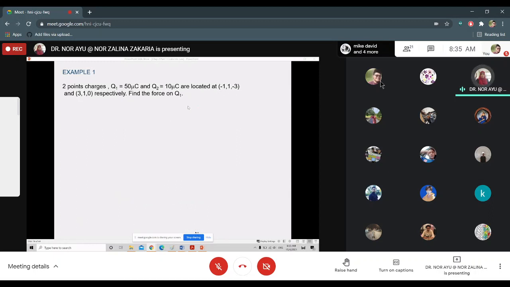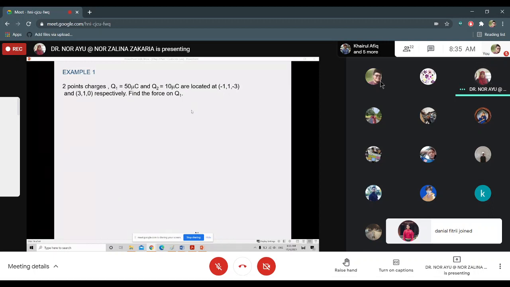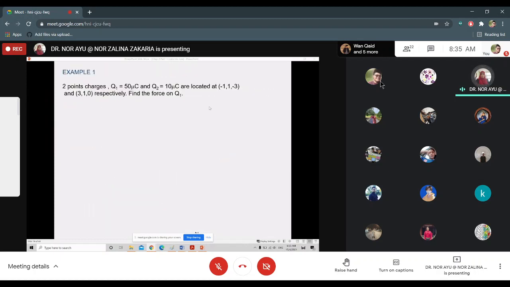Okay, so for Coulomb's law, normally you are given a number of charges. Let's take this example, I'll just repeat it again. As an example for this question, you have two charges. What you have to do is find the force that acts on Q1.